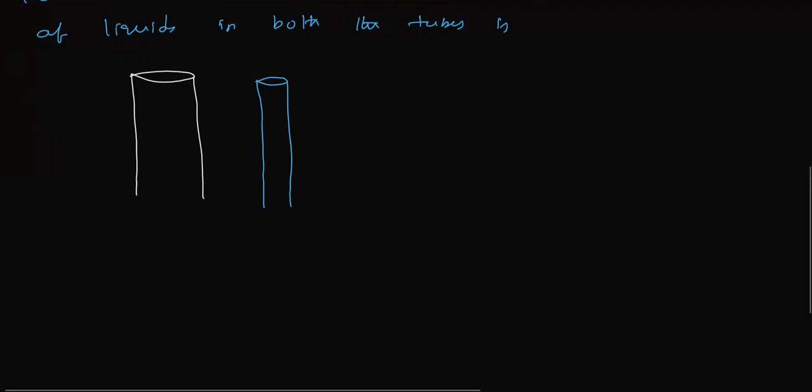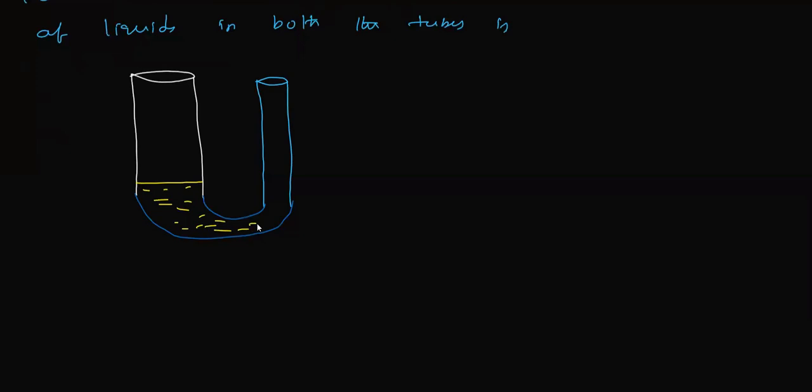What they did means they joined both of these together like this. And if you fill the liquid here, you get unequal heights. In this tube, up to here it is formed, and up to here. If you observe, this is the reference level.